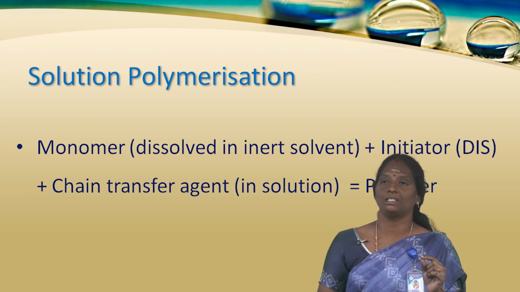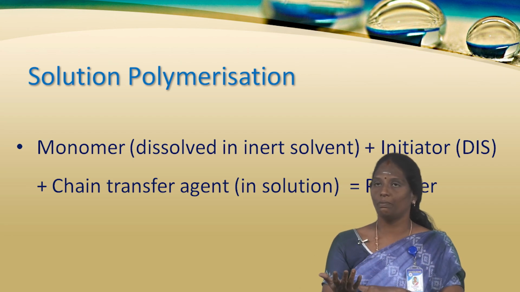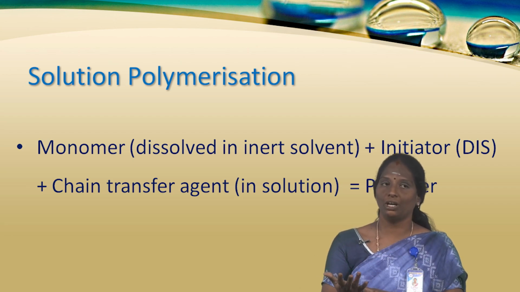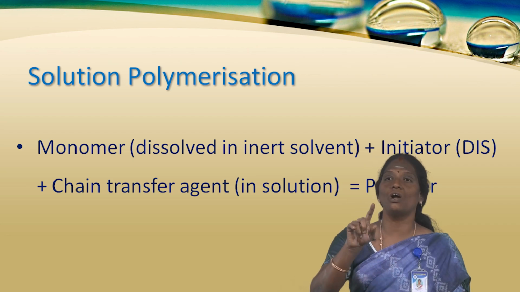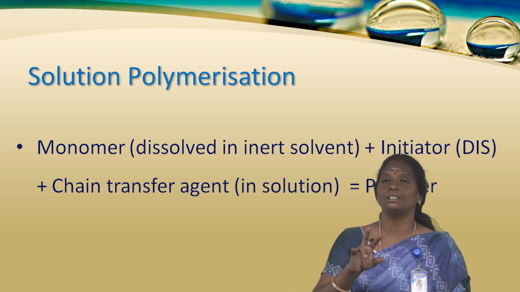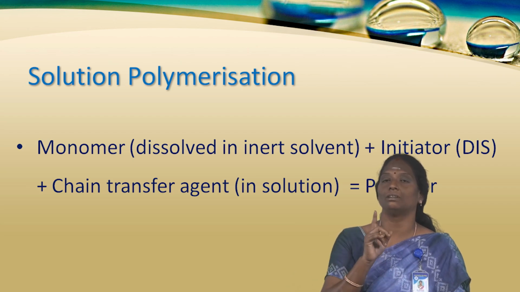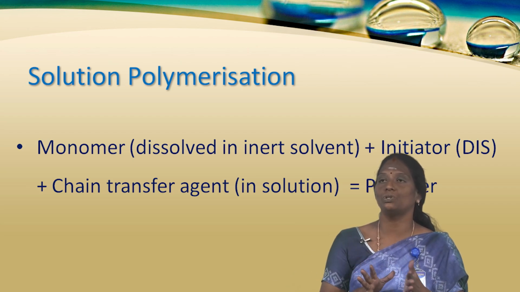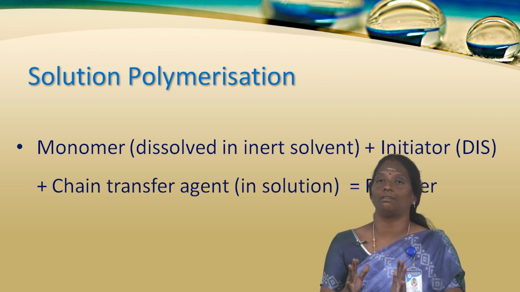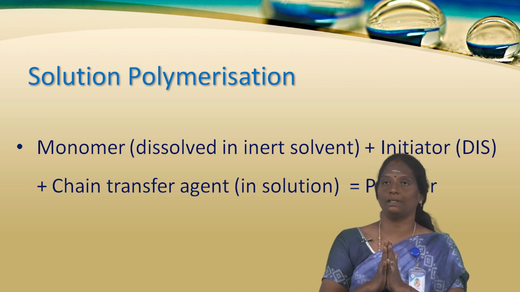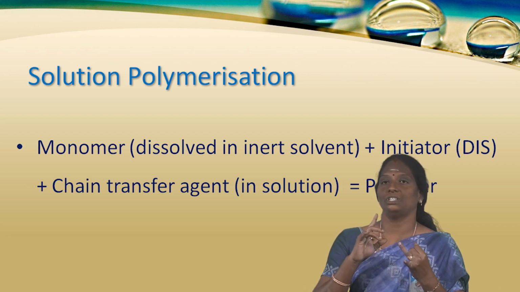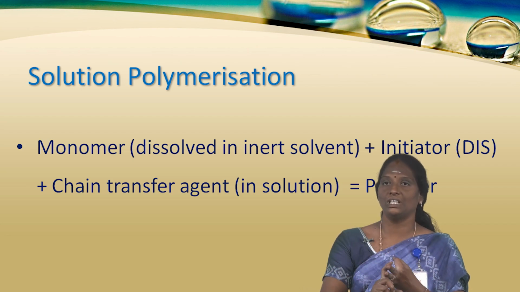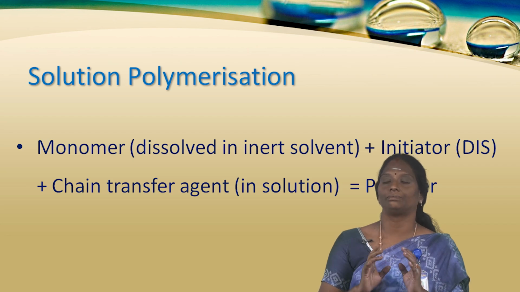In solution polymerization, the monomer, the initiator and the chain transfer agent are taken in a flask and dissolved in an inert solvent. This is the change from bulk polymerization. In bulk polymerization, we do not add inert solvent. But in solution polymerization, we add monomer, initiator, chain transfer agent and an inert solvent.